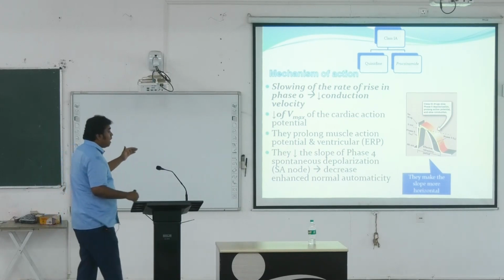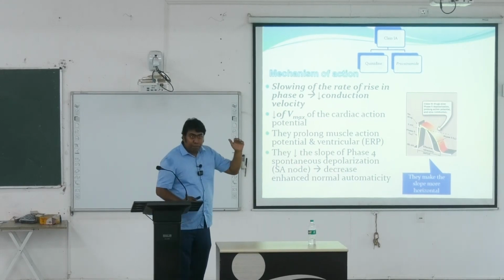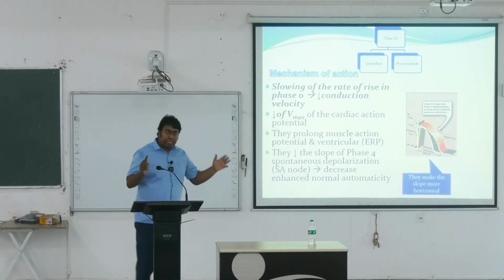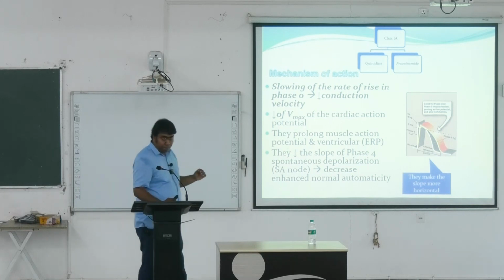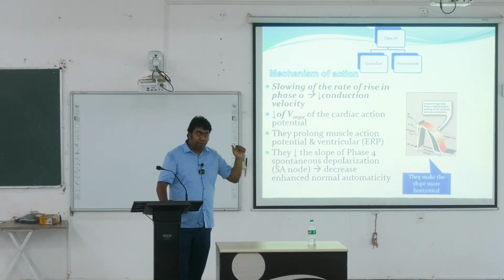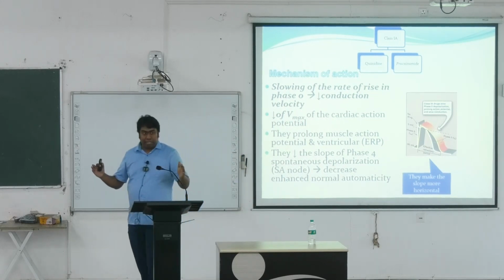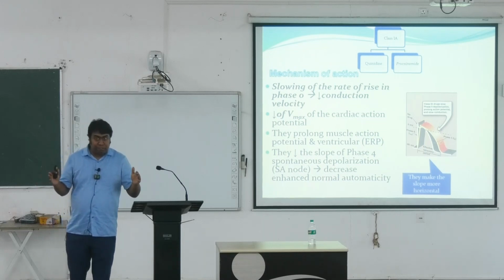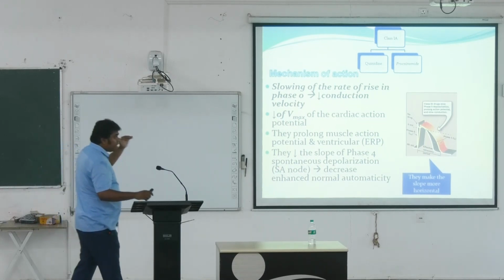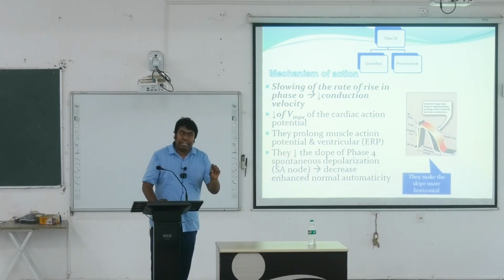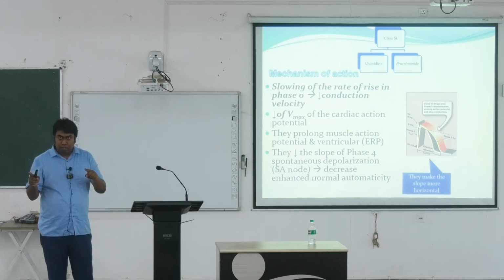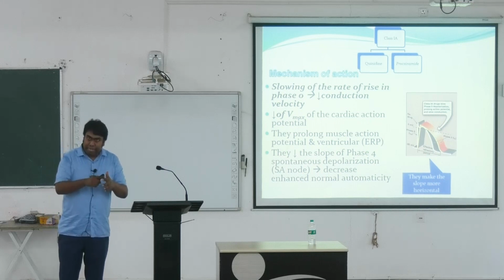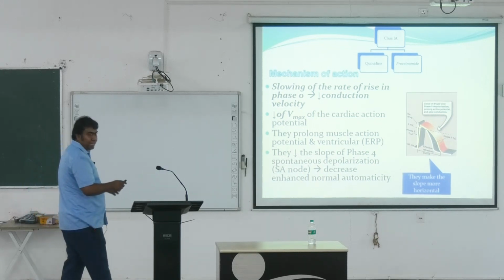There they reduce the slope of phase 0, reduce the Vmax, increase the effective refractory period, and reduce the slope of phase 4 also. Clear? These four points. Where do they act? On the sodium channel. Other than the SA node and AV node, meaning ventricle, atrium, Purkinje tissue, conduction will be less.